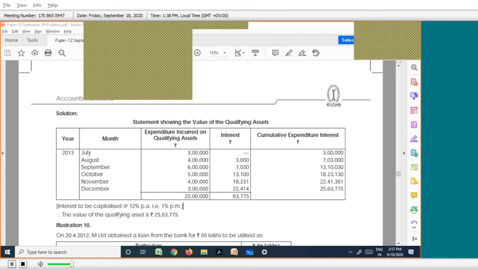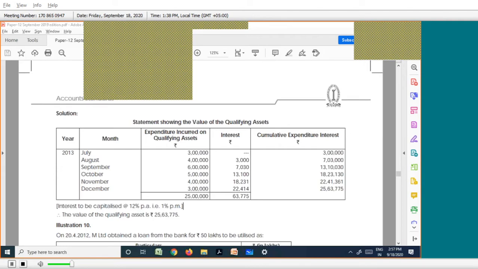I'm just sharing the view actually, because expenditure is incurred up to December only. For that you are paying interest. 25,63,775 is incurred up to December. For that, interest is paid only in January, but that interest also belongs to December only. Because you are paying in the next month, that does not mean you are not eligible. This is another view.